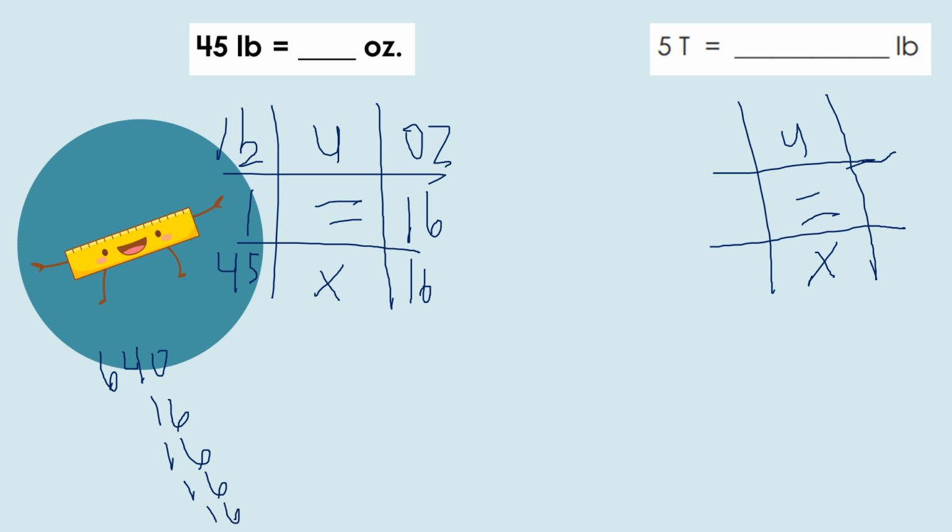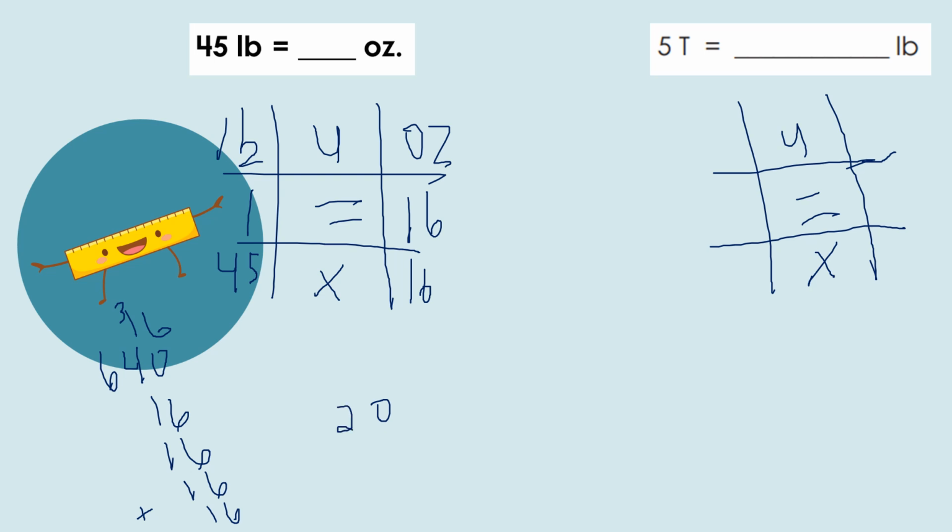We stopped at 40. 40 groups of 16 gave us 640. And if you're going for 45, you need 5 more. 1, 2, 3, 4. I'll put it up here because I ran out of room. Okay. So 6, 1, 2, 3, 4, 5. 6 times 5 is 30. So put our 0, carry out 3. 1, 2, 3, 4, 5, 6, 7, 8, 9, 10, 11, 12.